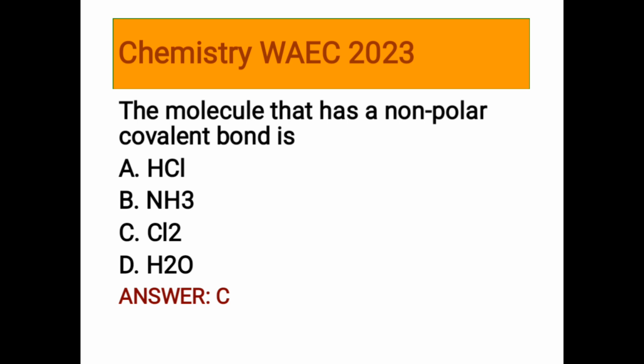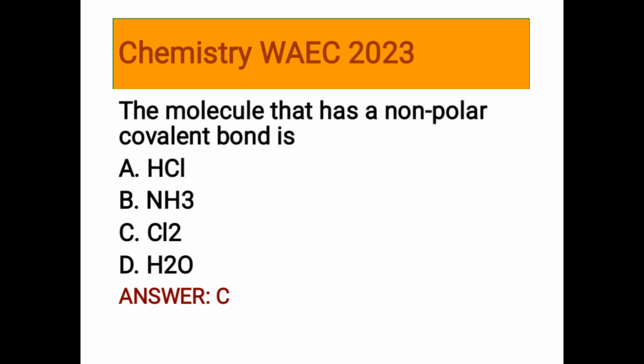Now another one is this question: the molecule that has a non-polar covalent bond. Predominantly, the 4 of them present here have covalent bonding in them. However, the only one that is non-polar is Cl2.